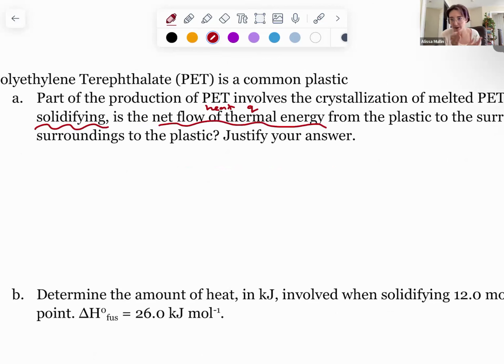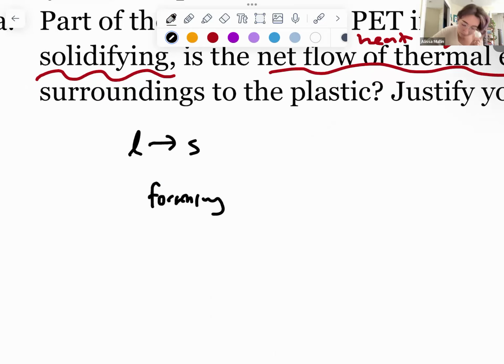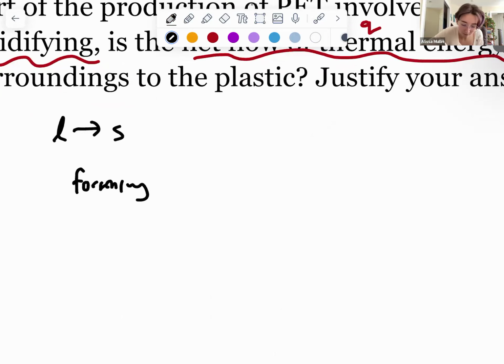So we are solidifying, that's the process that's happening. So going from a liquid to a solid, think about what is involved in that process. When we go from a liquid to a solid, we are forming, and you know, if this is a real FRQ, write it out better, but whatever, forming IMFs or whatever interactions. It's going to be IMFs most of the time.